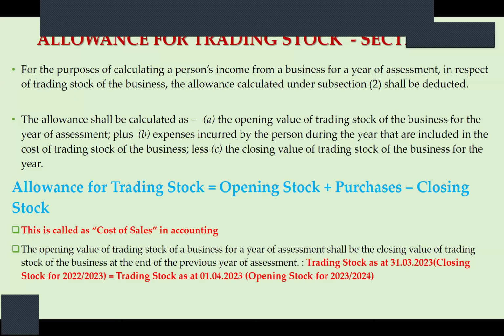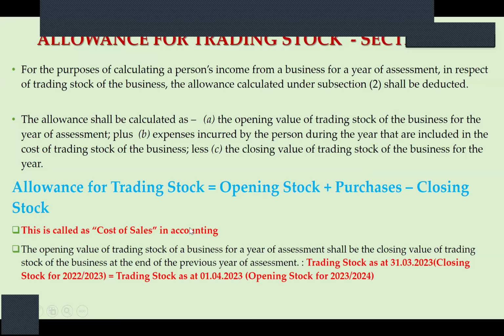That means cost of sales is very similar or equal to the allowance for trading stock. That is why we have given a specific deduction rule to deduct cost of sales. For the tax purpose, we call it allowance for trading stock. So, how do we calculate it? Allowance for trading stock equals opening stock plus purchases minus closing stock.